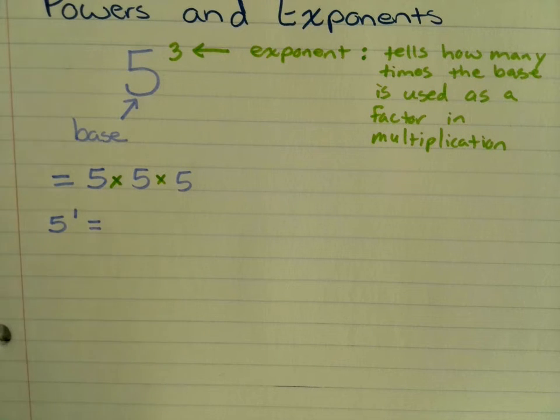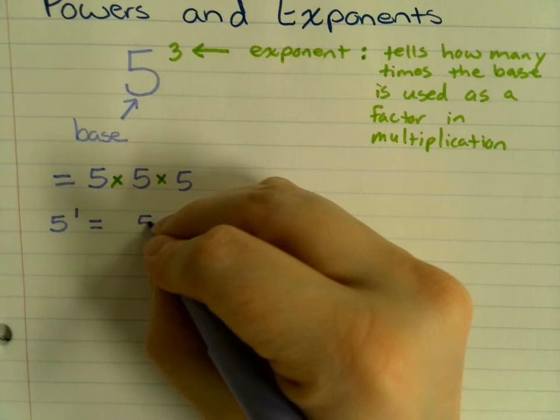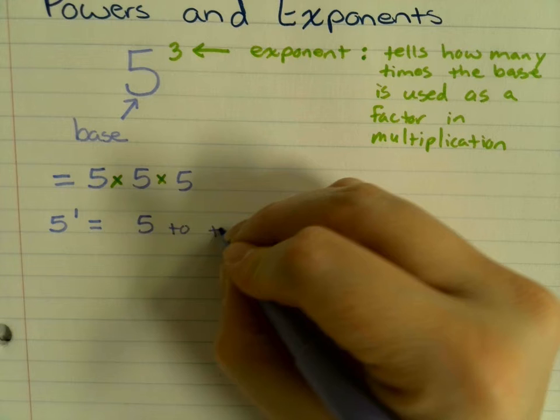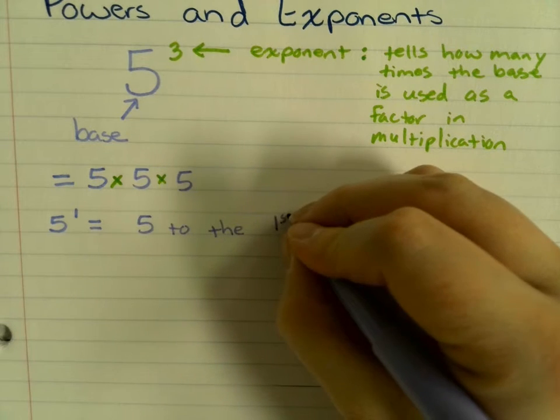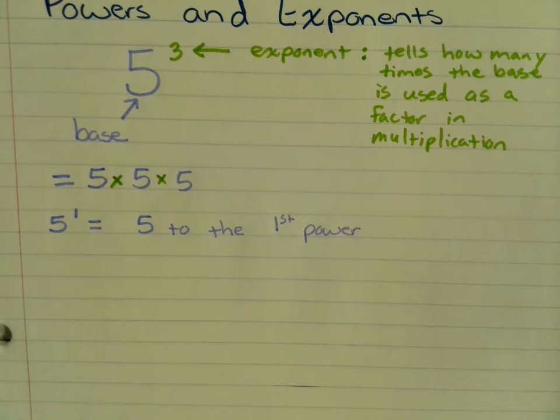If you look at the very top row, the green sheet, there is a power of 1 for every number. Every whole number has a power of 1. It just doesn't have to be written. So 5 to the first power is how we state it. If you're reading out or saying it out loud, you would say that this is 5 to the first power.